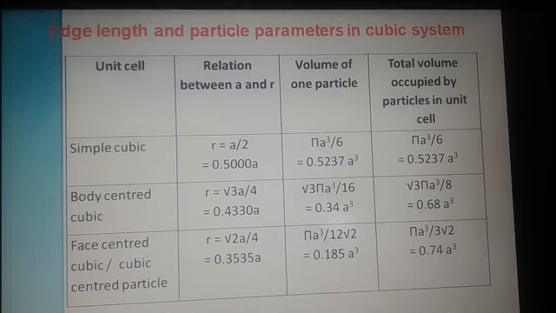After that, in case of face-centered cubic or cubic close packed particle, R is equal to 0.3535 A. For volume of one particle, 0.185 A cube. And for total volume occupied by the particle, we are using 0.74 A cube. These are the simple ways for determination of the radius or edge length or volume of particle and volume occupied by the particle in unit cell.